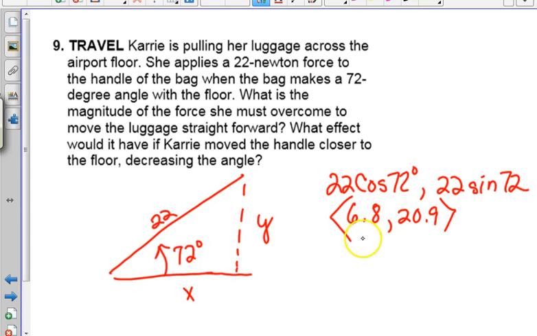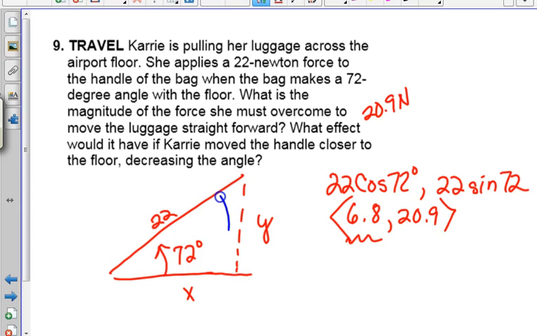All right, so this force is already moving it forward. This is the force that's being pushed at the up, okay? So this is really what she has to overcome if she wants to make it forward. So we're going to go with 20.9 newtons. But this leads to this question, and it should make sense, I hope.